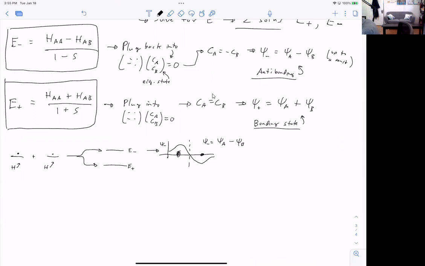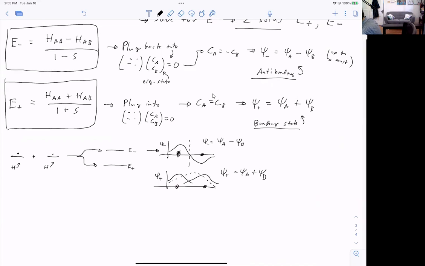And then for psi plus, these dots are where the atoms are located. It's going to look like this one, and then they're going to overlap, so it's going to look like a big blob. And so this is psi plus equals psi A plus psi B.